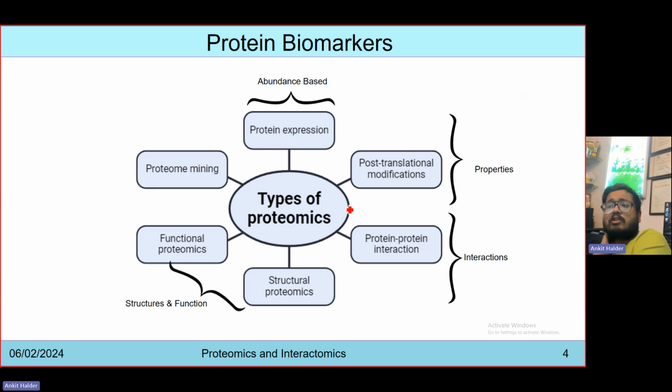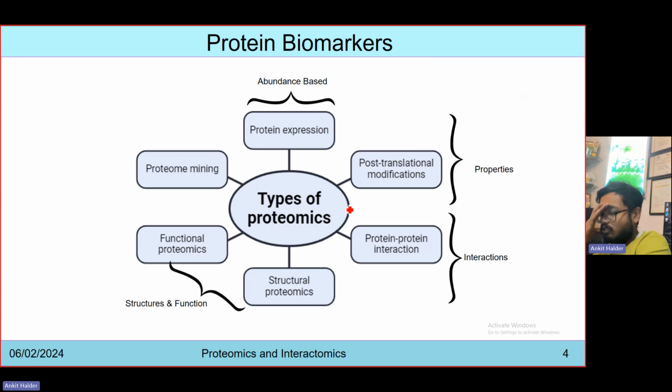Now, post-translational modifications and protein-protein interactions are related to the properties and interactions between different proteins. The different interactions and PTMs present give us an opportunity to understand things in a much better way.